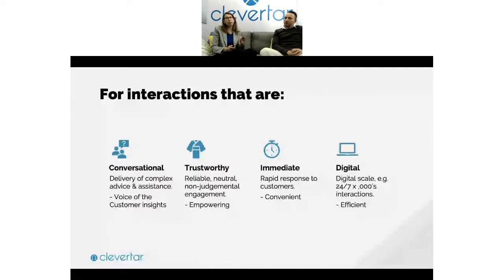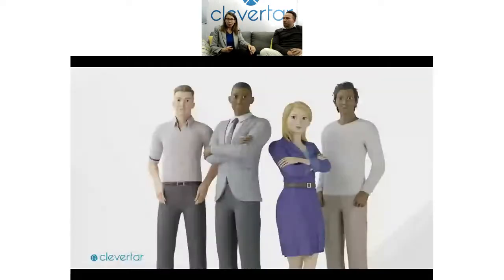And of course, digital and scale is something that we're really interested in, because if you only need a small number of interactions, then it's probably cheaper to use a real person. If you want thousands or tens of thousands, hundreds of thousands of interactions, then that's where digital really comes into its own in terms of efficiency.